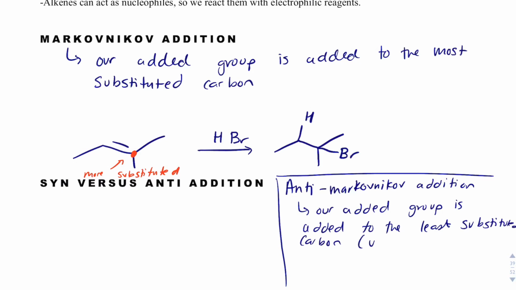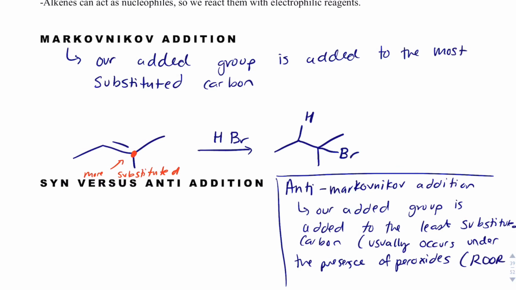And this usually occurs under the presence of peroxides, like hydrogen peroxide. And that's typically abbreviated ROOR for peroxides.